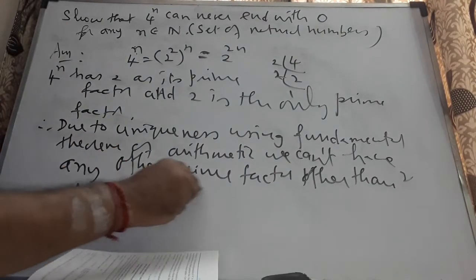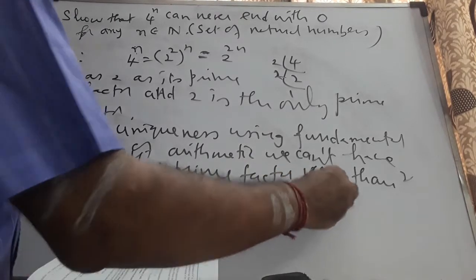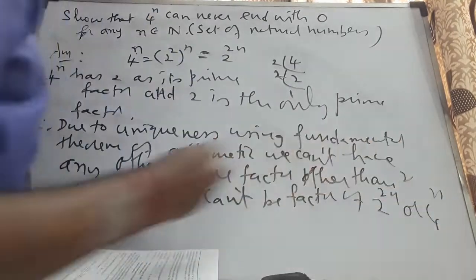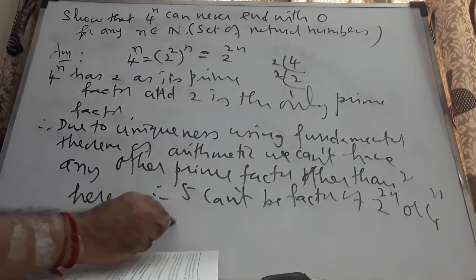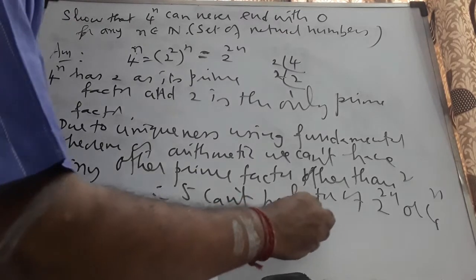Okay, therefore 5 can't be a factor of 2 power 2n or 4 power n. Therefore 4 power n can never end with 0.